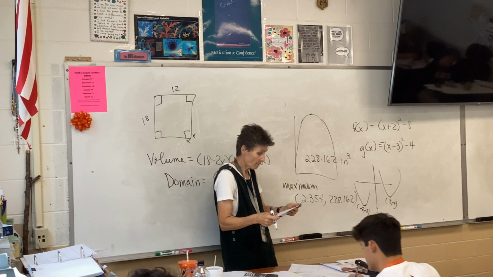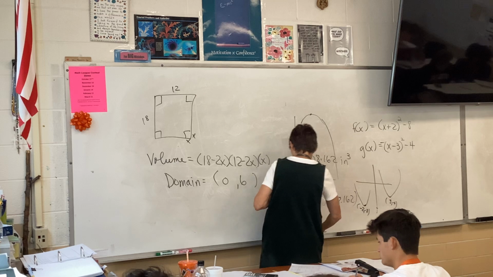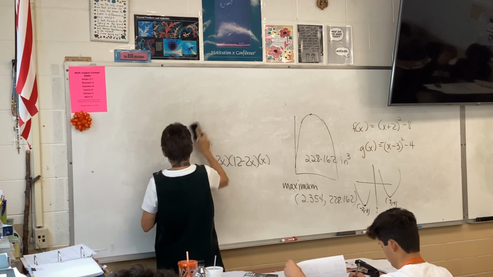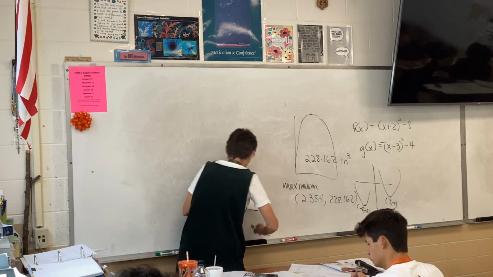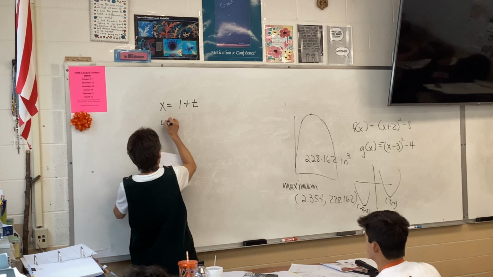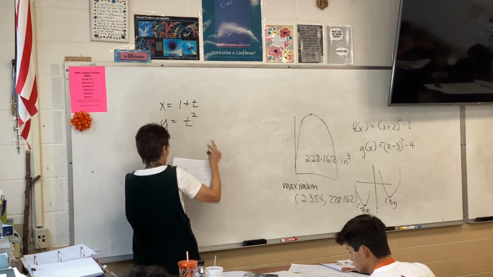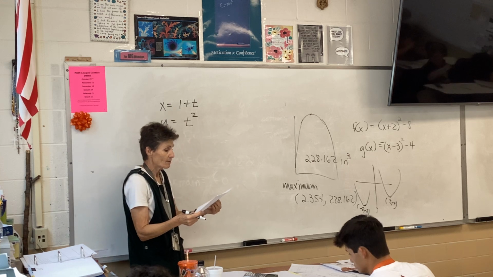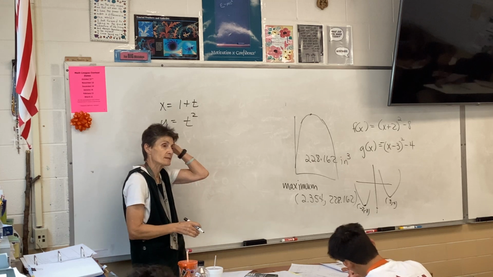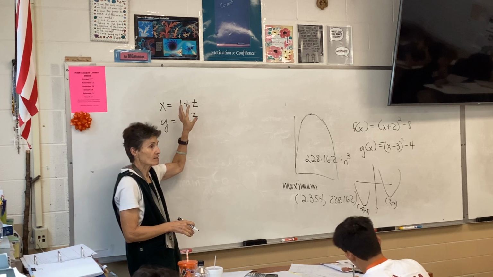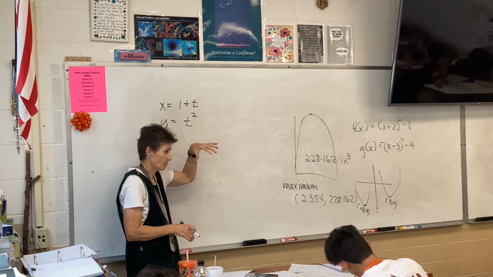And look at number 4. These are called parametric equations, and your job is to find an equation in x and y that represents this set of points. Now, what's up here on the board? X's, Y's, and T's.